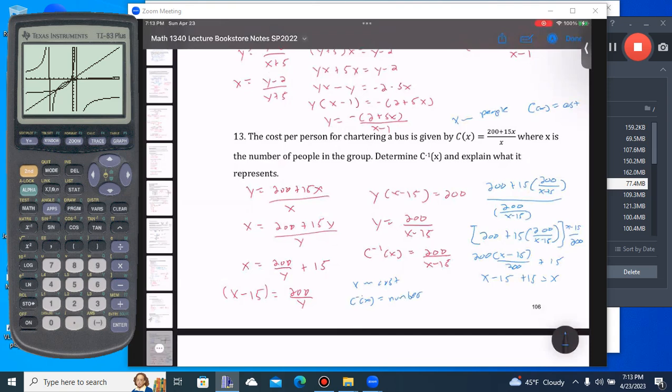So let's say we wanted to know how much it will cost for 10 people. So x equals 10. C of x equals 200 plus 150, which would be 350. For 10 people, that would be $35 per person.